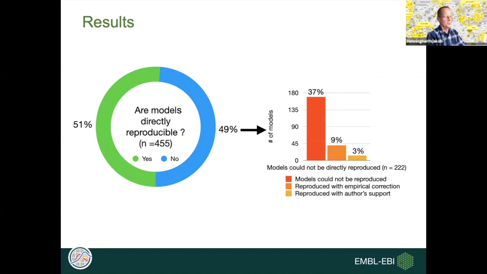And with author support, we could rescue an additional 3% of the original models, so that we could overall classify as reproducible a bit less than 2/3 of the models, or a bit more than half of the models, somewhere in between.